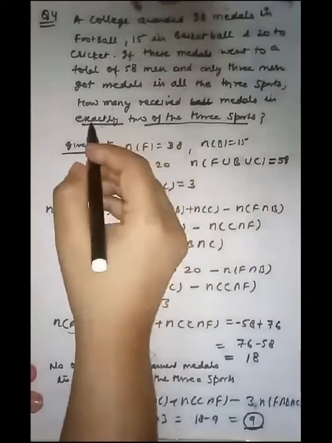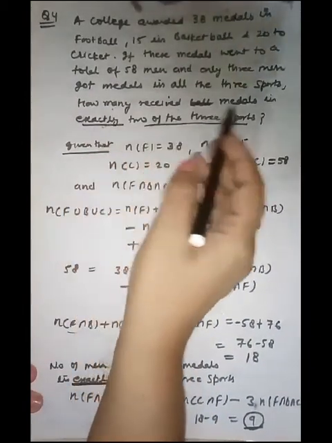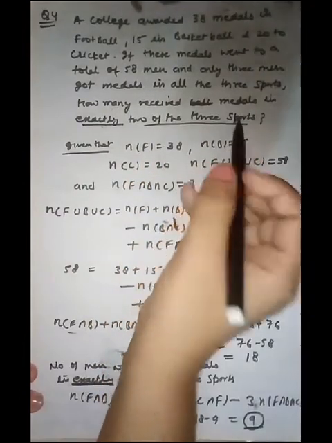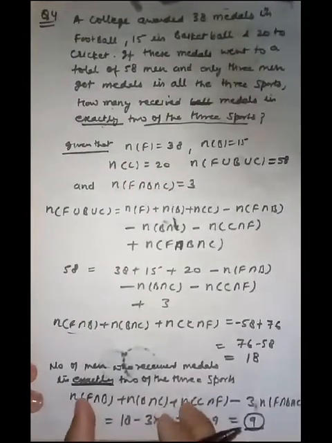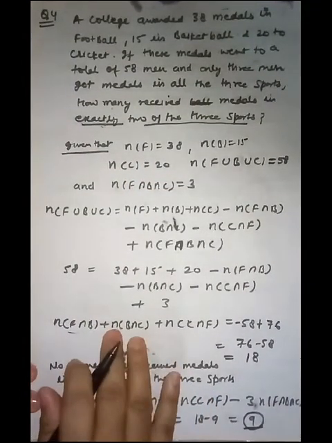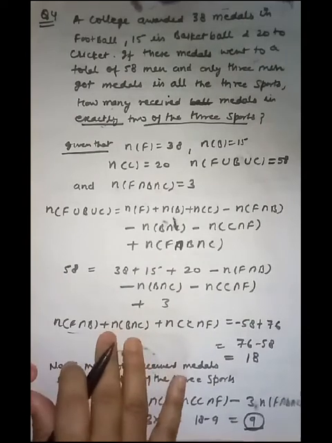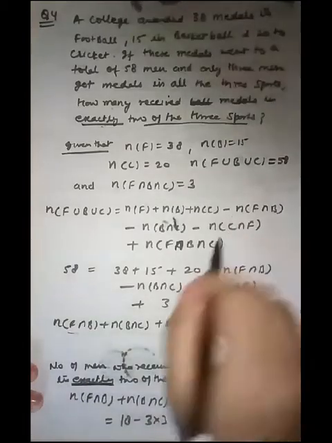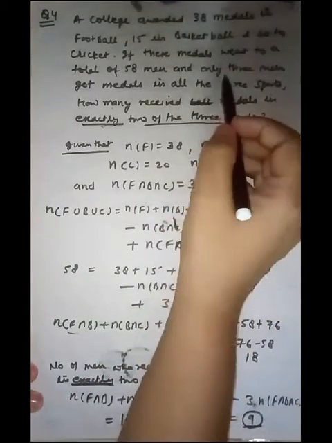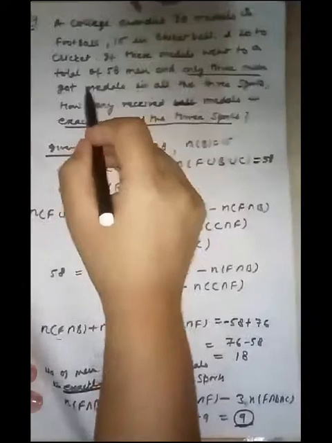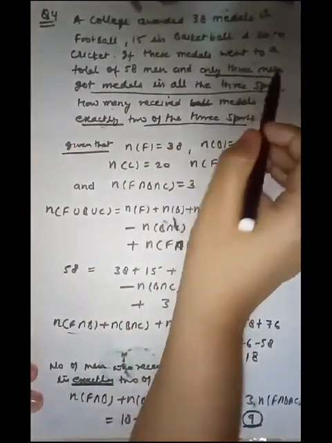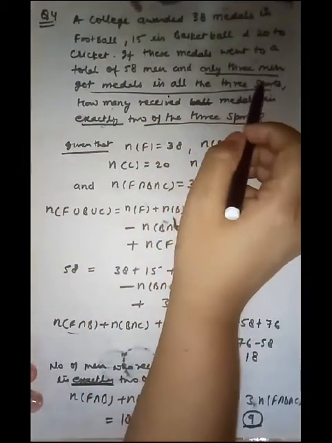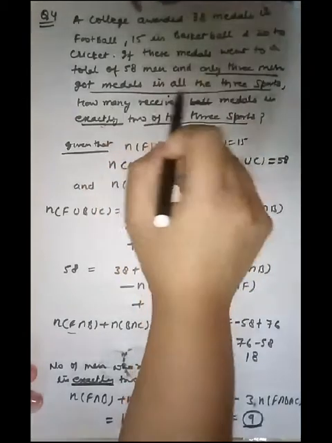But here you have to find exactly how many received medals in exactly two of the three sports. So you have the total number of men who received the medal, 18, and you also have the information that only 3 men got medals in all three sports.